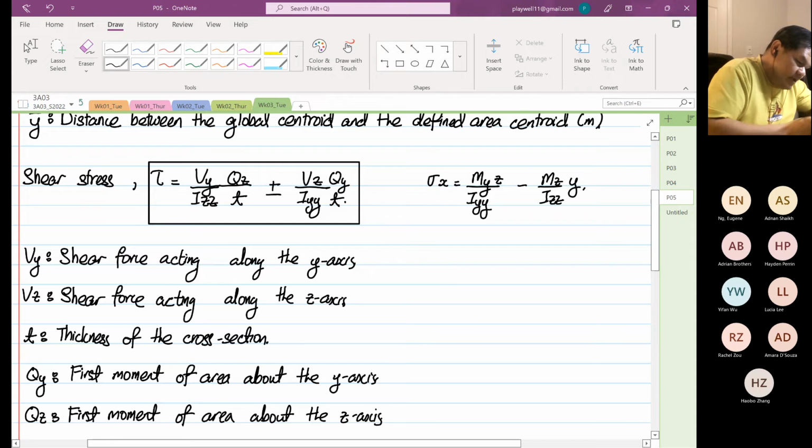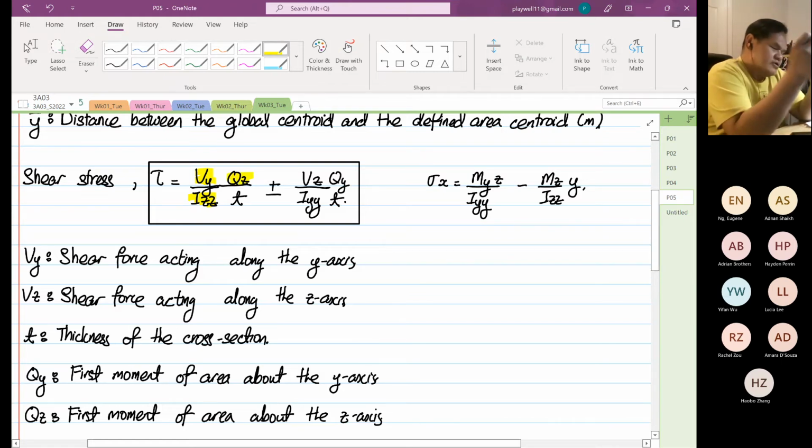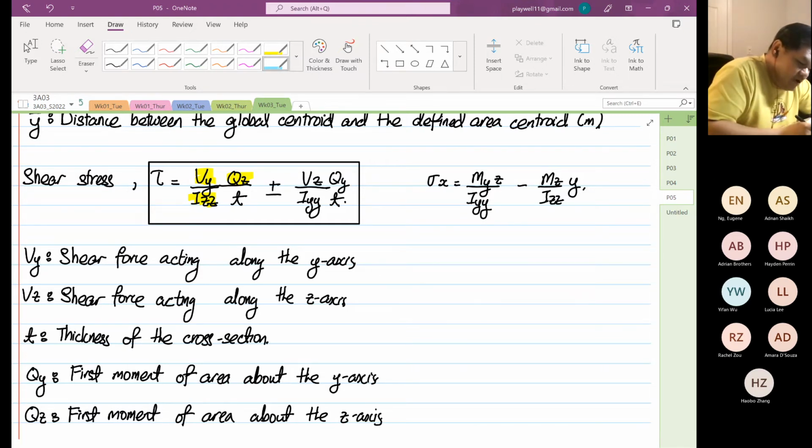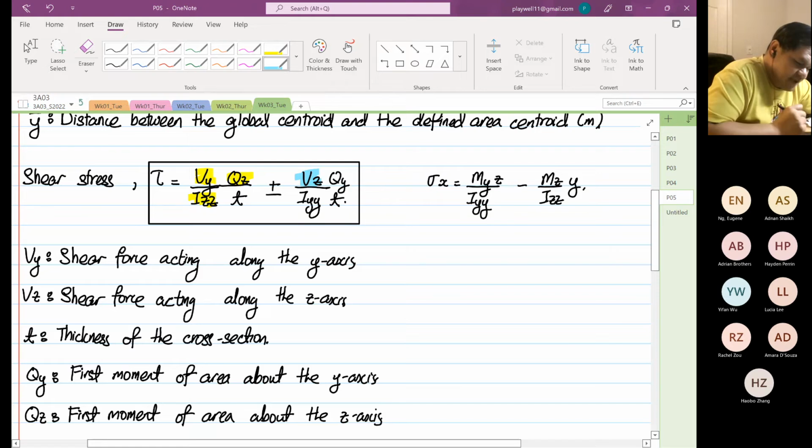When the shear force is in the y direction, you use Izz, and the first moment of area is Qz. So the first moment of area is coupled to the Izz. If your shear force is in the z direction, you divide by Iyy, and you couple the first moment of area Qy.